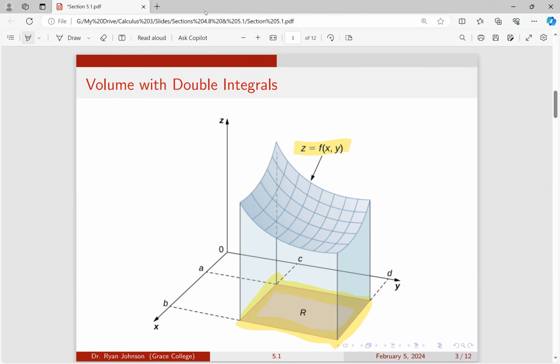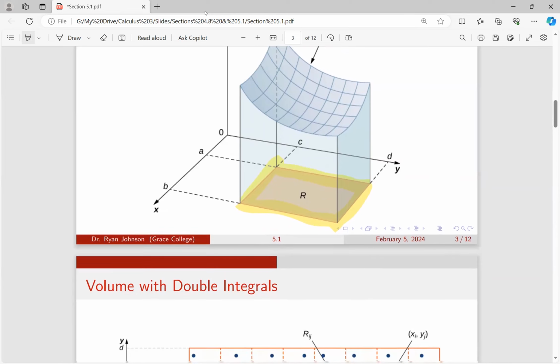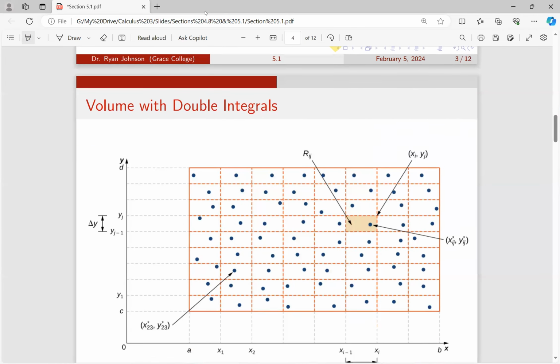Well, now we're going to add up a whole bunch of things that look a lot like skyscrapers. And so what we're going to do is look at that rectangular region, and for each rectangular region, pick a point that will represent it.